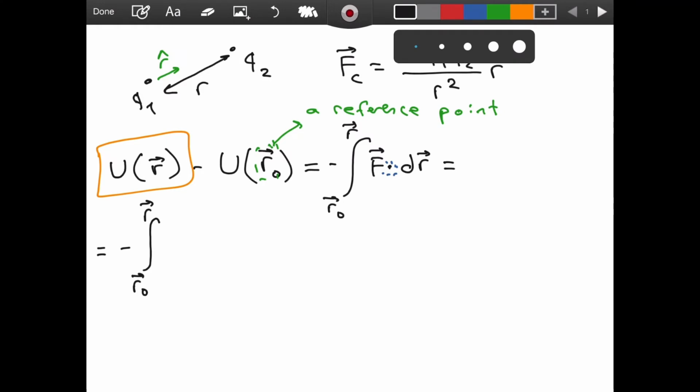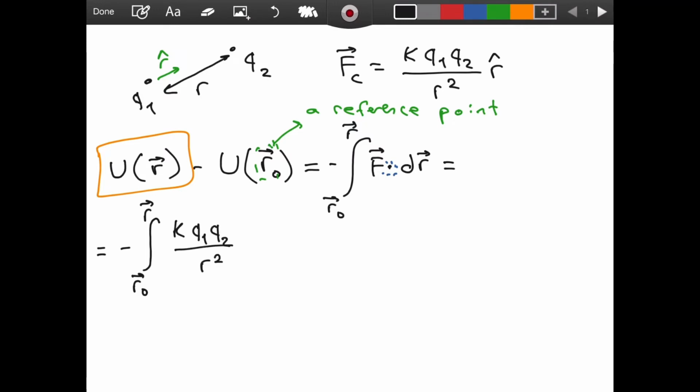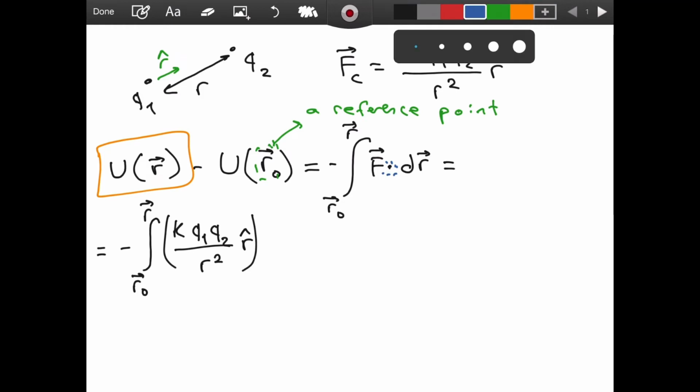What do we have for F, the force of electrostatic attraction? It will be k, Coulomb's constant, Q1 Q2 divided by r squared, the distance between them, times r hat, the unit vector. This is F. Then we have a dot product, and then we have dr.